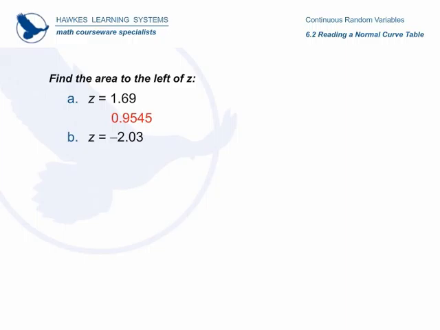Taking a z-value of negative 2.03 on our table, that would give us a value of 0.0212. On our table, a z-value of 0 would give us 0.5000.